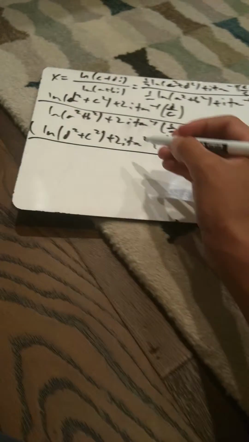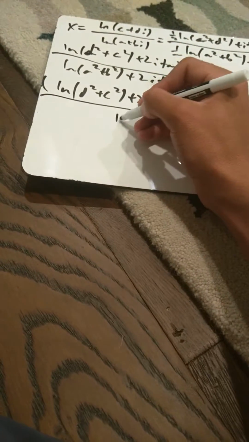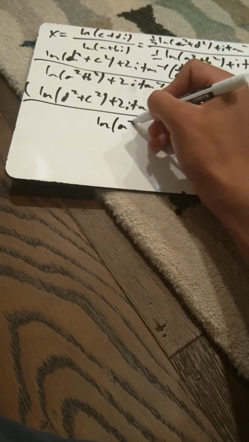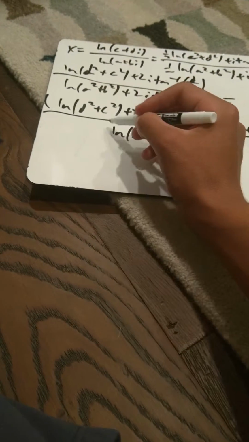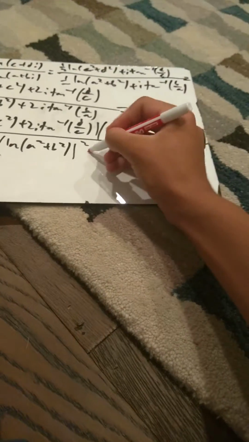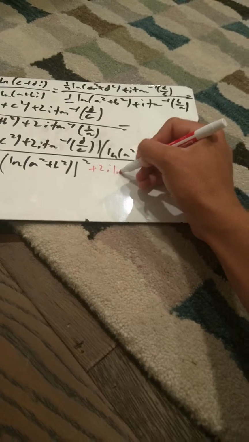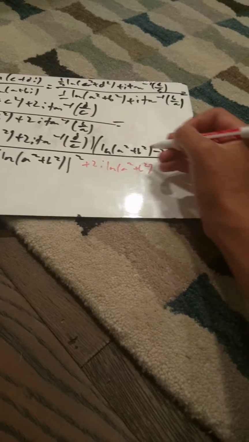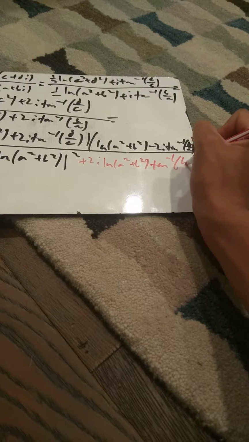And then we divide this by the natural log of a squared plus b squared, all squared. And then we have plus 2i. Here, I'll just sort of expand this. So we can do plus 2i ln of a squared plus b squared arctangent b over a. And then we also have the minus because of the negative sign.